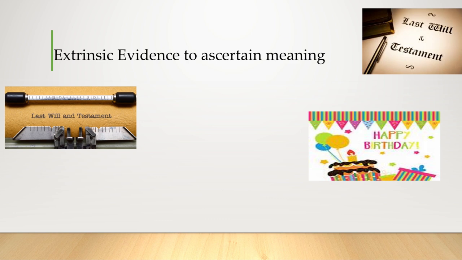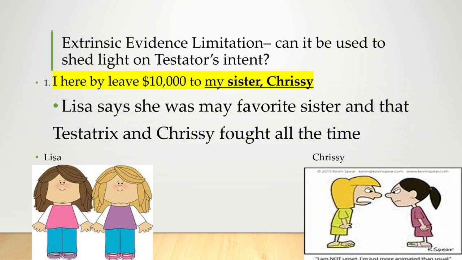All right, so think about the extrinsic evidence that you might see. A prior will would be extrinsic evidence. A birthday card would be extrinsic evidence to shed light on the testator's intent. Let's look at a limitation. I hereby leave $10,000 to my sister, Chrissy.